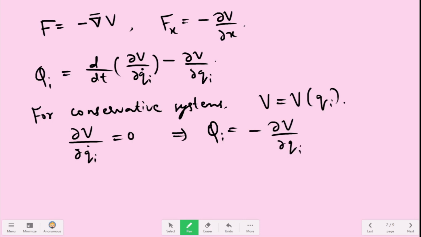So when the system is conservative, when V is not depending on q dot, then the generalized force becomes equivalent to the force in Newtonian mechanics. The force in Newtonian mechanics is F_x is equal to minus ∂V/∂x.